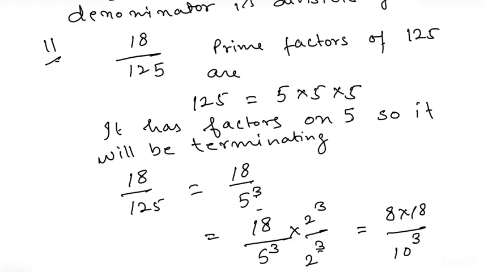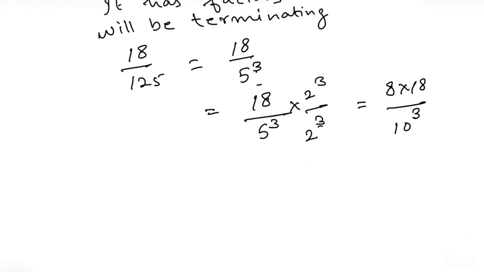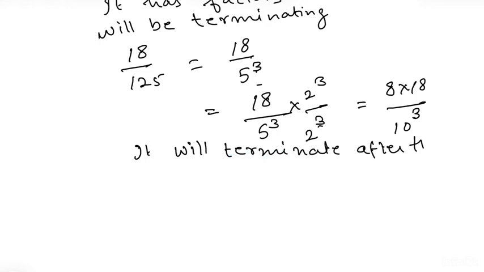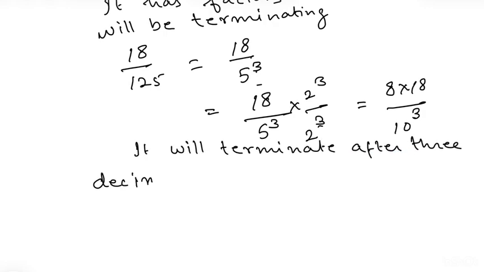So 10 raised to power 3 means it will terminate after 3 decimal places.